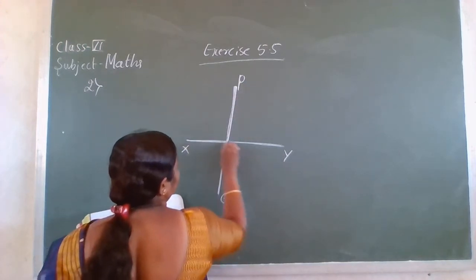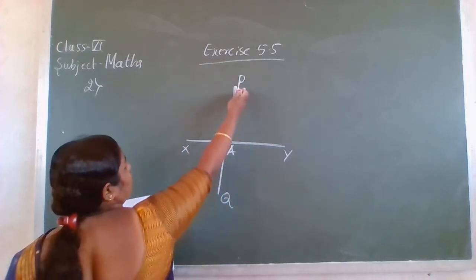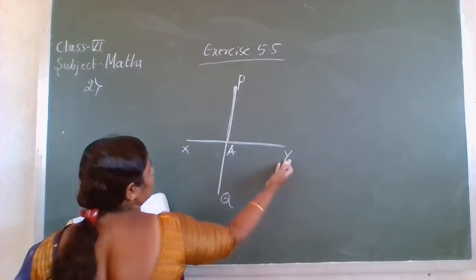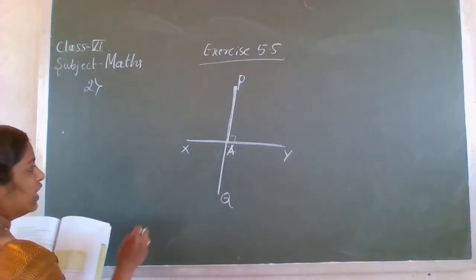They are telling from the question itself that PQ is perpendicular to XY. It means the angle will always be 90 degrees.